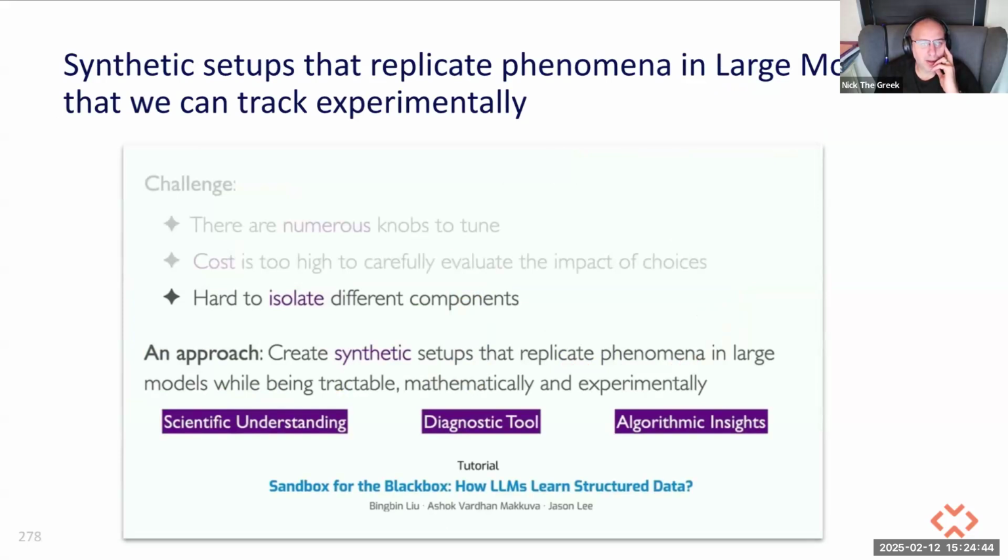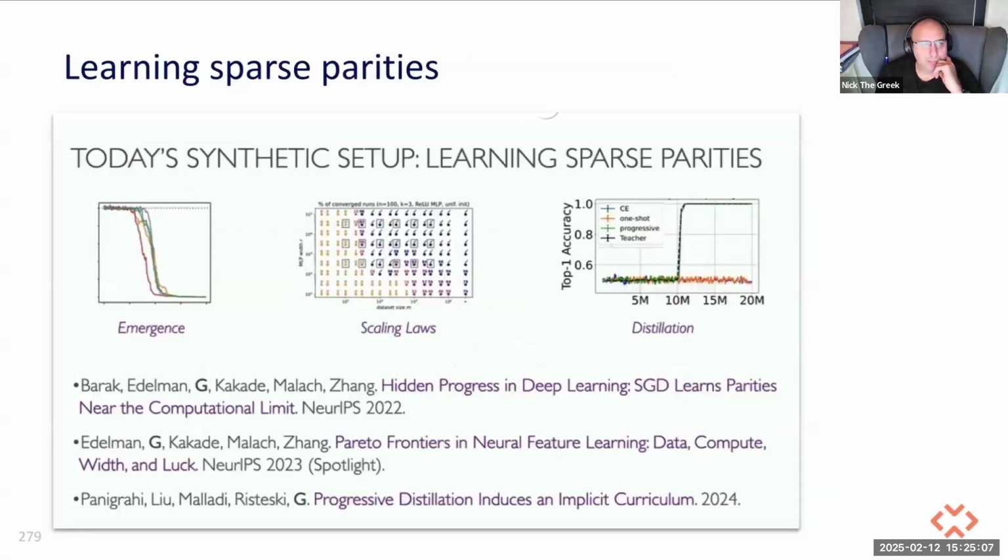And here are the challenges. There are numerous knobs to tune in a model. Cost is too high to carefully evaluate the impact of choices. And it's hard to isolate different components. And the approach here is to create synthetic setups that replicate phenomena in large models while being tractable mathematically and experimentally. And this is what this tutorial is about, it's a very long tutorial.